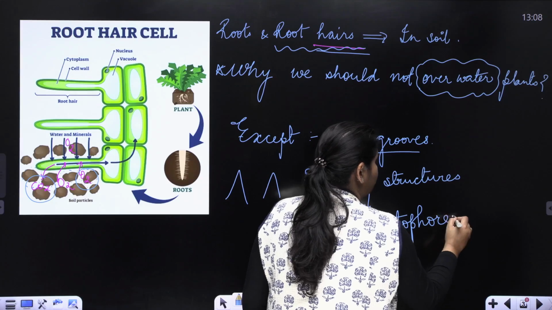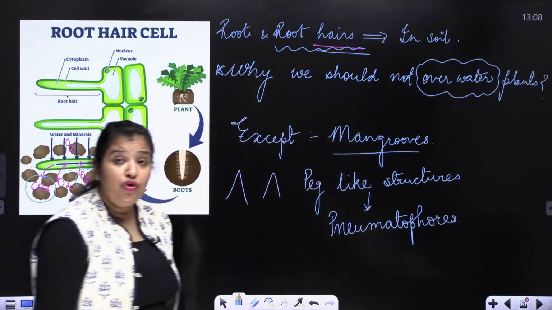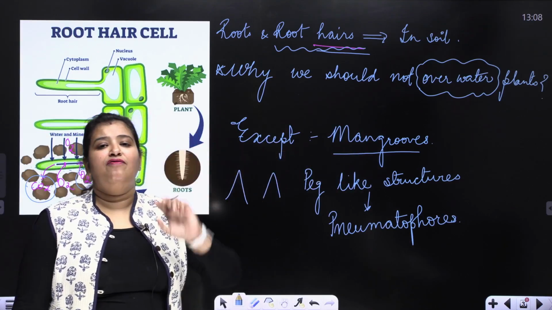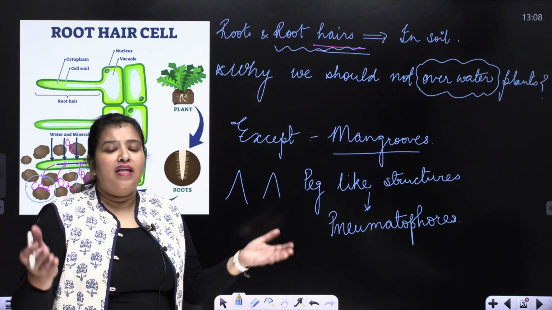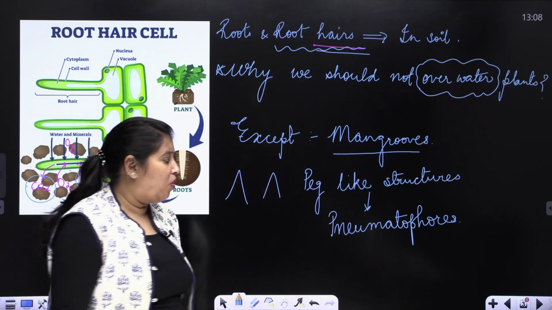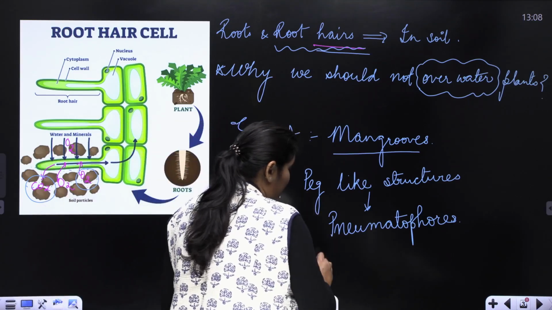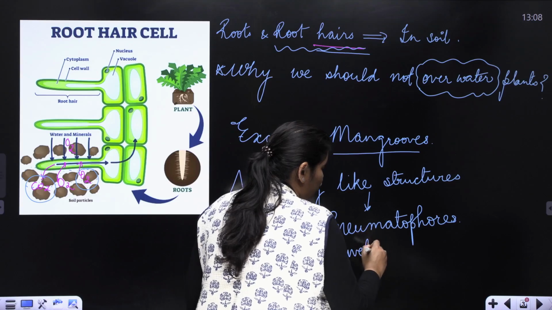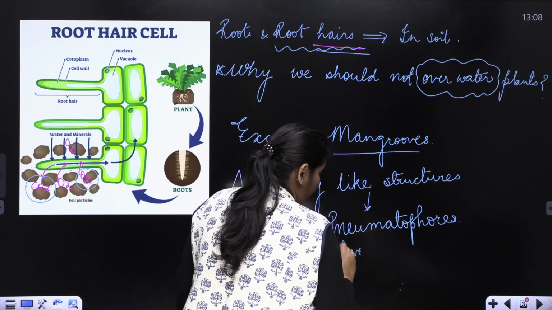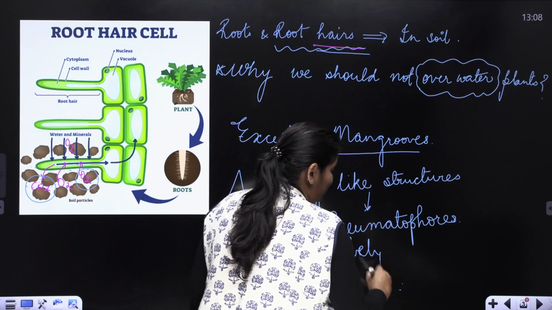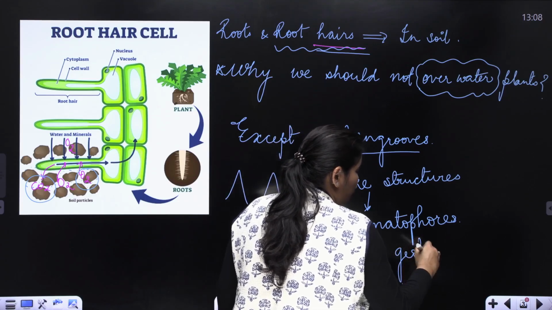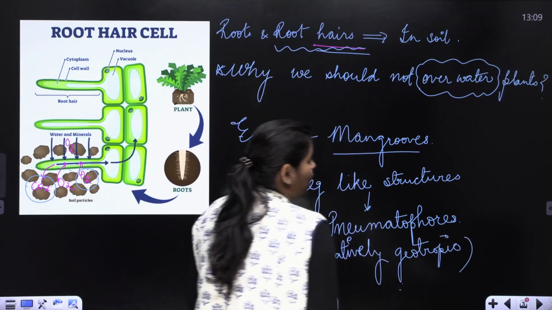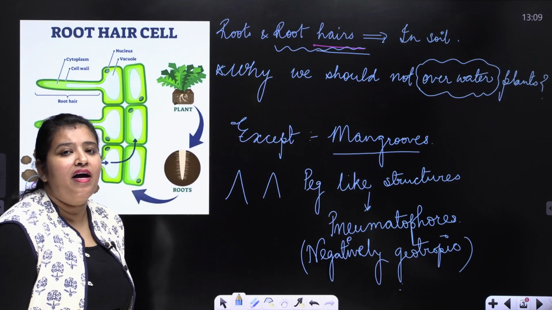So waterlogged soil is not good for plants, but in case of mangroves, they have built up an adaptation that the roots come out of the soil, and such roots are called negatively geotropic. These are called negatively geotropic because these roots are growing against gravity.